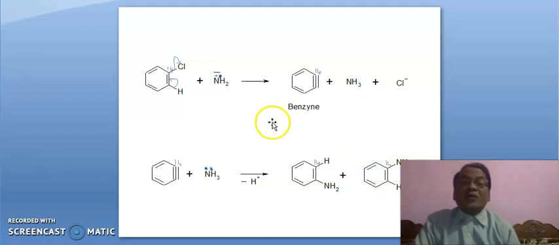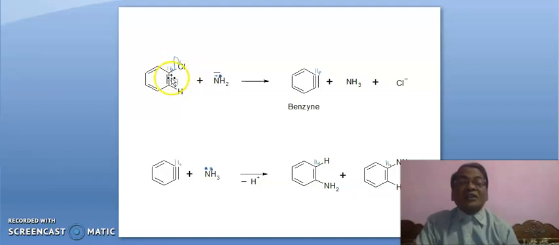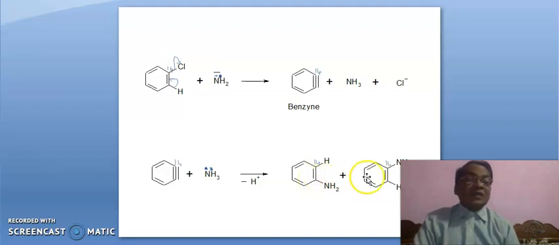Okay, friends, you have taken this substrate chlorobenzene, and here the chloro group is attached to the carbon which is C14, but you have obtained the aniline in which this amino group is not attached to this C14, rather it is attached adjacent to the C14, and in this aniline the amino group is attached to C14.